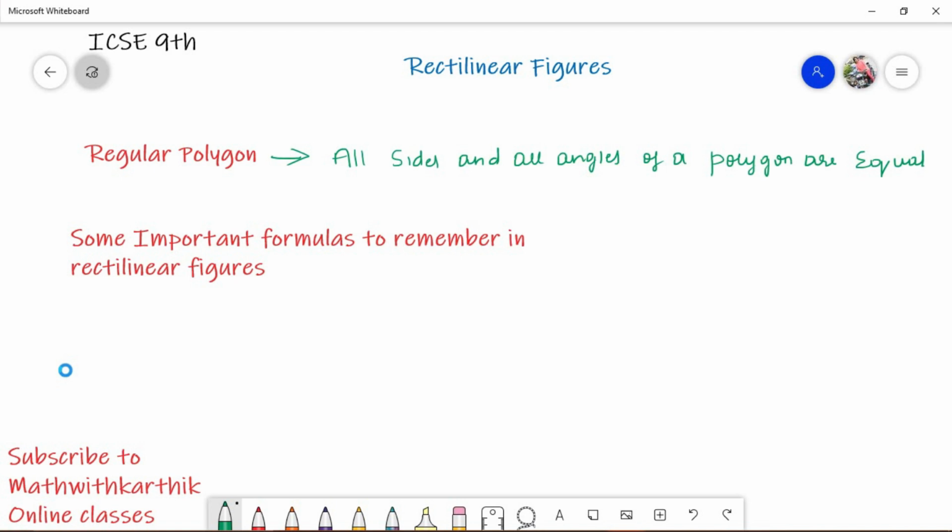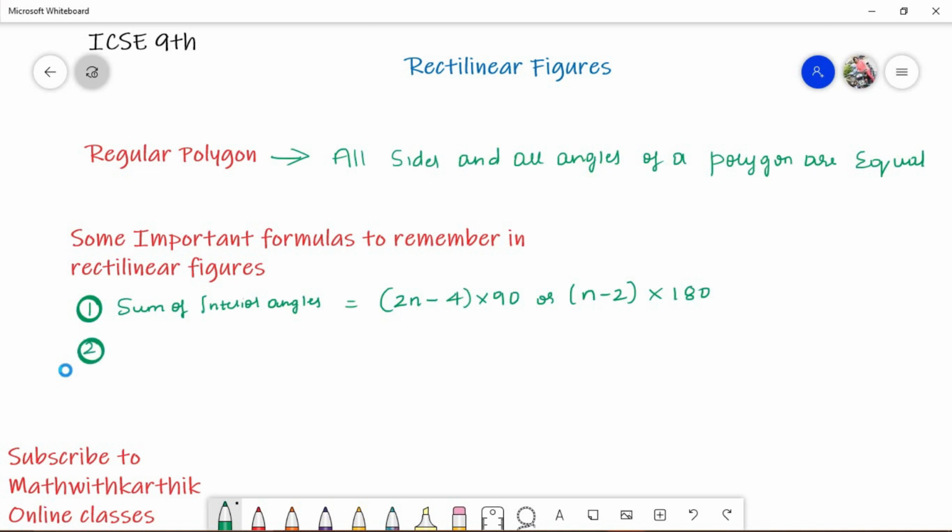We have a couple of important formulas to remember in rectilinear figures. We have discussed two already. First, the sum of interior angles is (2n minus 4) into 90 or (n minus 2) into 180.